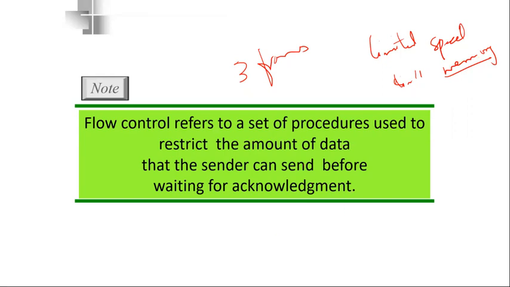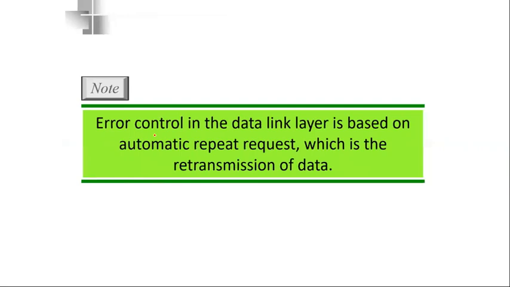And what is error control? Error control, in the data link layer, is responsible for both error detection and error correction. It allows the receiver to request automatic repeat request, which is the retransmission of data. That is, if there is an error in the data, then it is retransmitted.